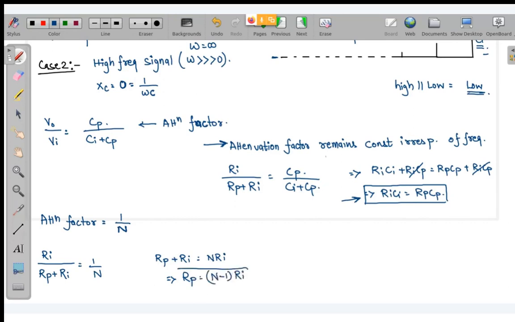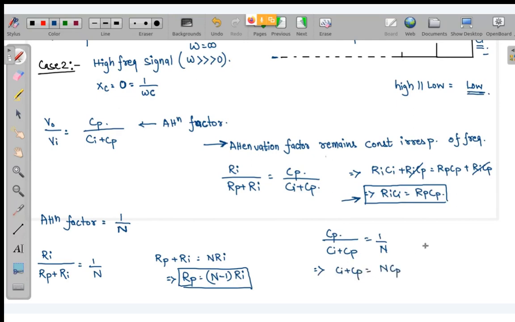So this is one formula which you are going to see. Next, if you put it over here in this expression, Cp by Ci plus Cp is equal to 1 by n. So if you calculate Cp, this will be Ci plus Cp is equal to n Cp.